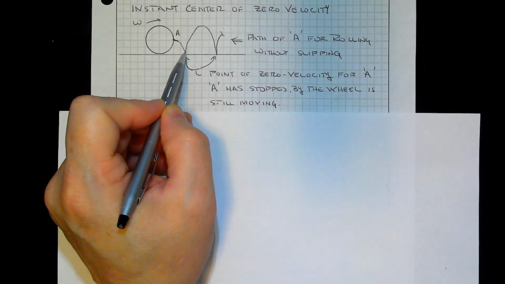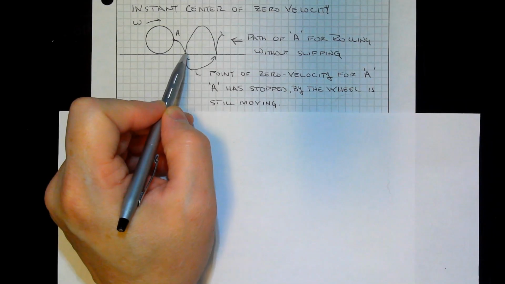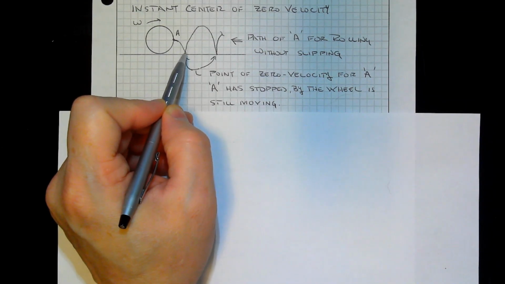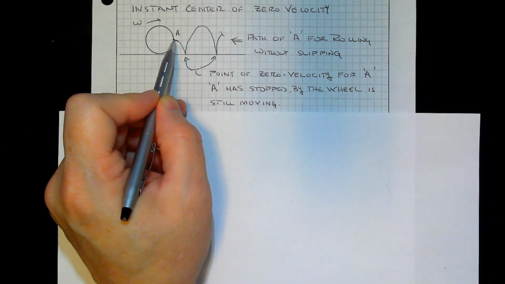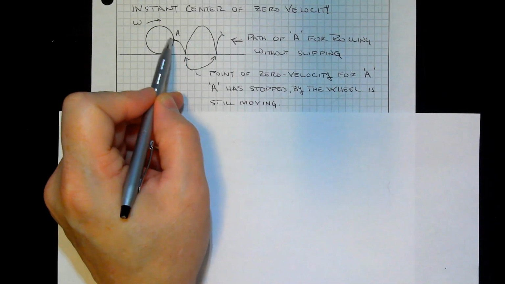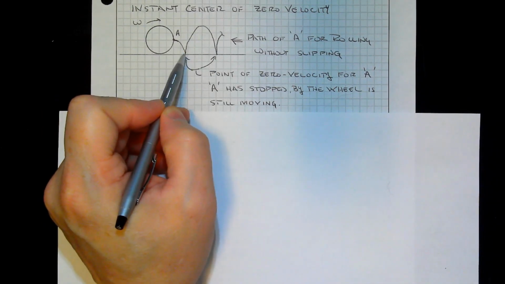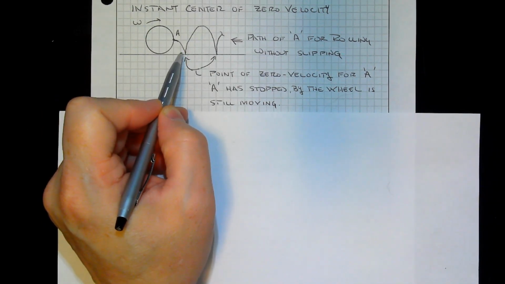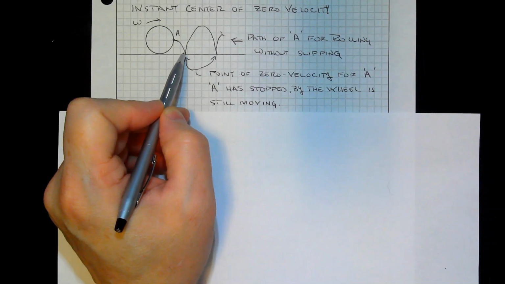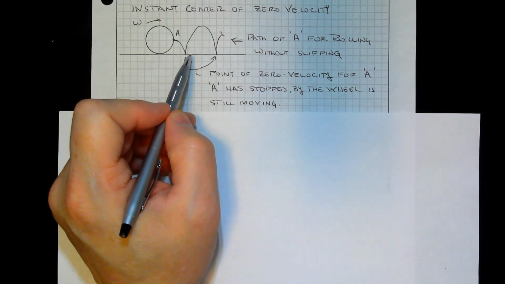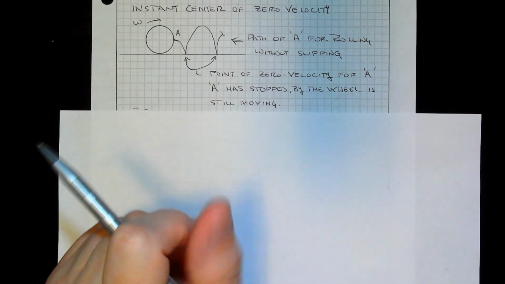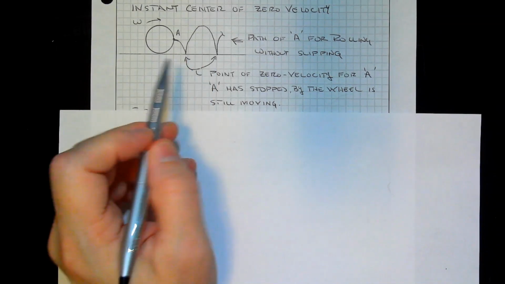All motion is then, if this is stopped at this instant, everything is rotating, because it's a rigid body, everything is rotating relative to this one fixed point. Okay? So, something to contemplate. We can actually use this to benefit us.